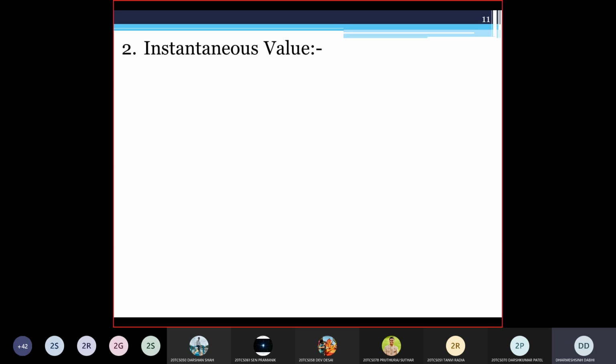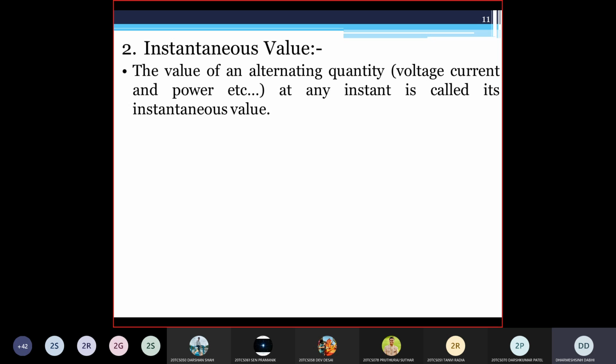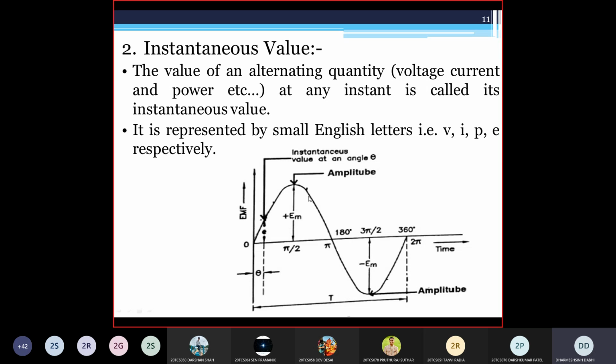As you know the wave shape of the sine wave, if I want to know the value of the alternating quantity, maybe a voltage or current, at angle pi by 2, is it 1? Not 1. At pi by 2 it is maximum. The magnitude may be anything, but it is maximum. So at pi by 2, the value of that quantity is maximum.